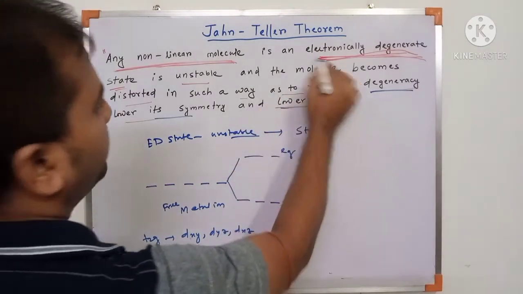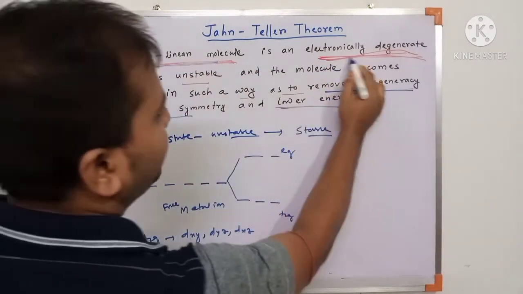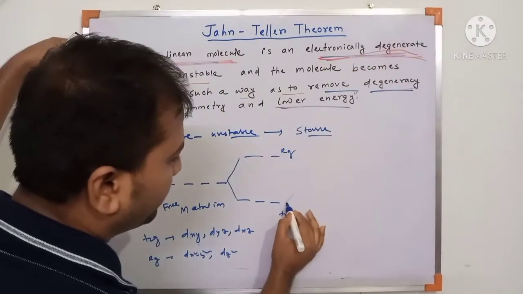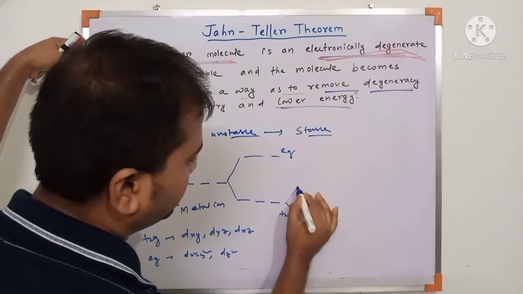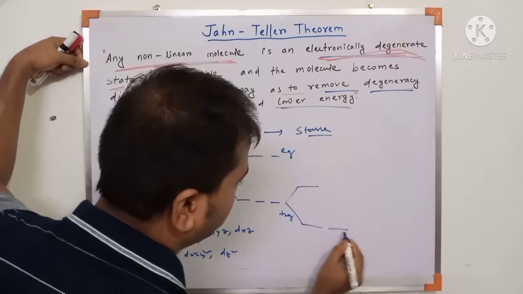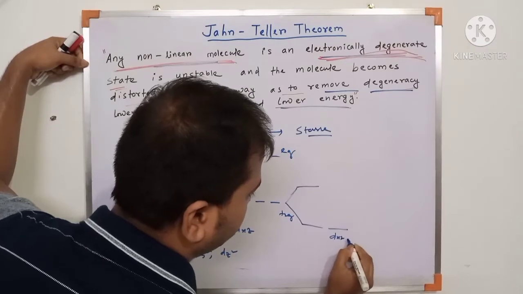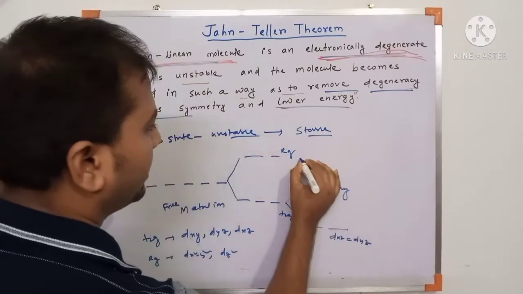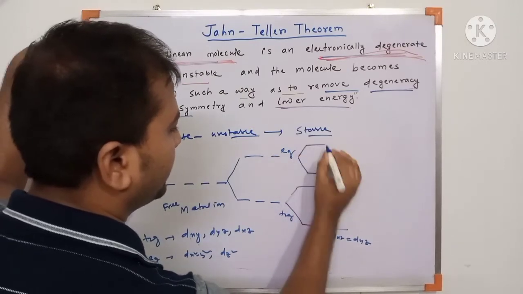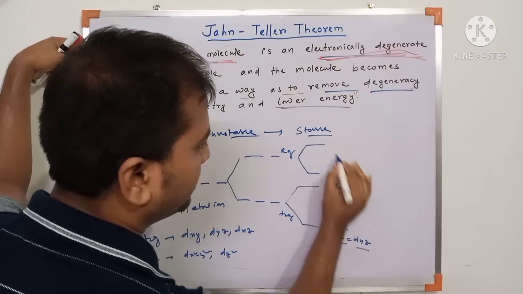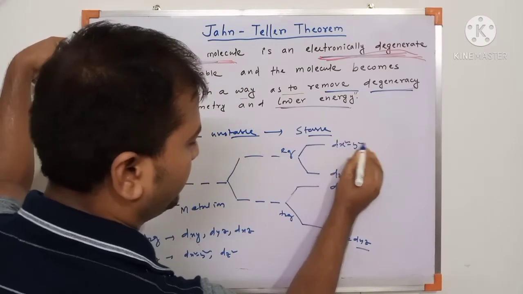In the presence of a non-linear molecule and an ED state, the electronically degenerate state, t2g further splits. This is the Jahn-Teller distortion. One is dxz, dyz and dxy, and eg splits. Here dxz and dyz have the same symmetry, then dz square and dx square minus y square.